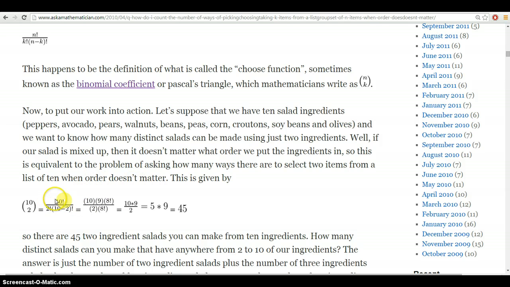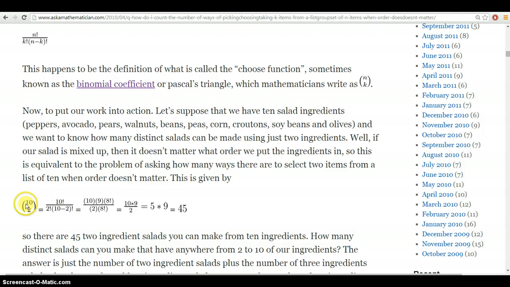So it's just an operation we can do on a positive integer that will give us the product of every positive integer less than that integer that we're starting with, together with that integer itself.